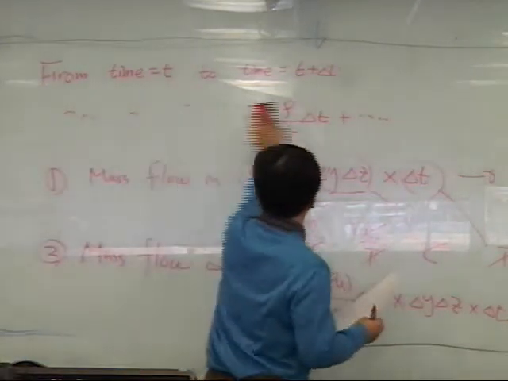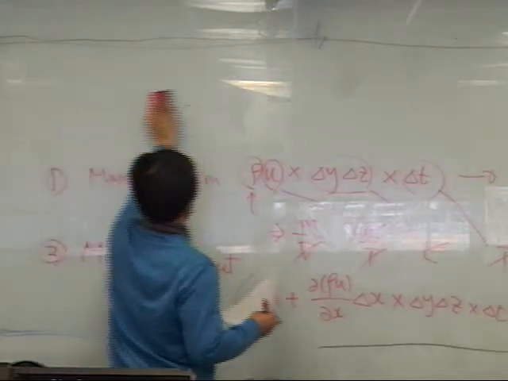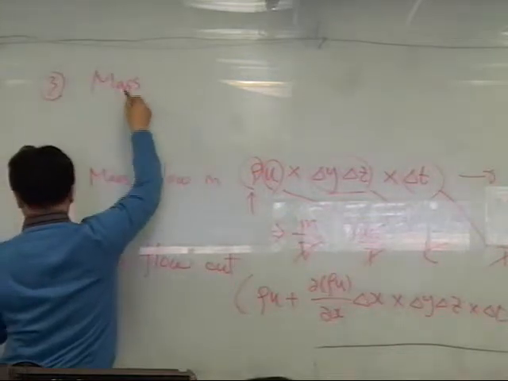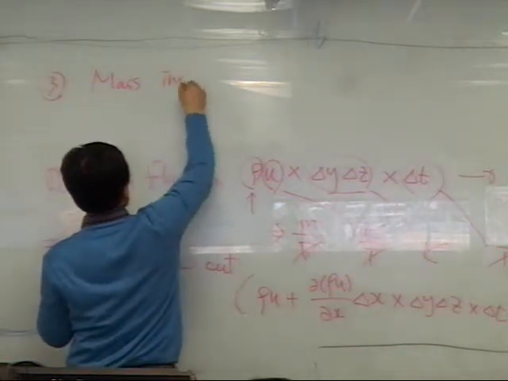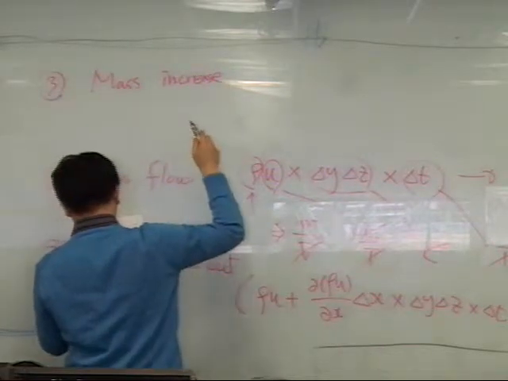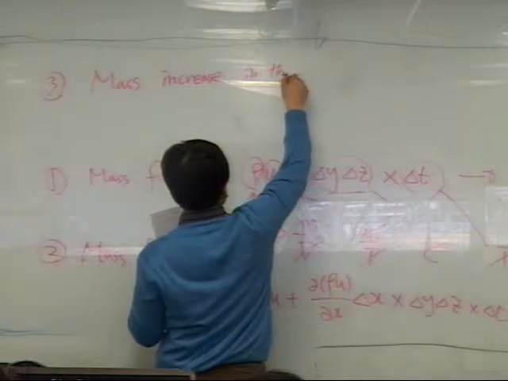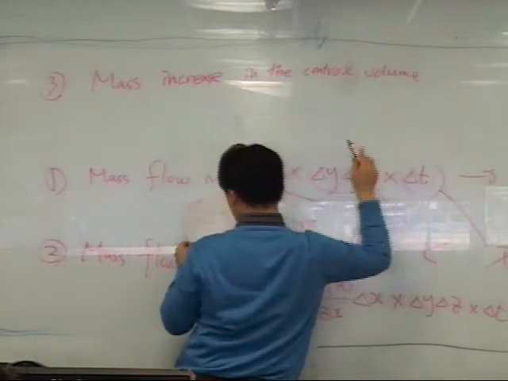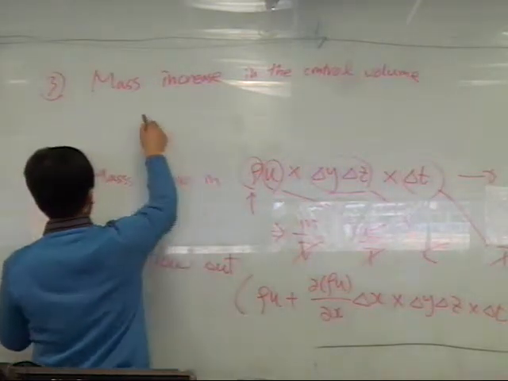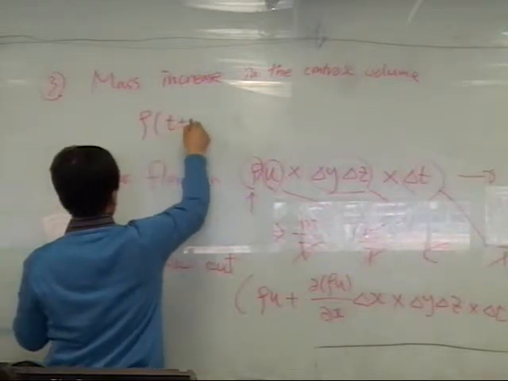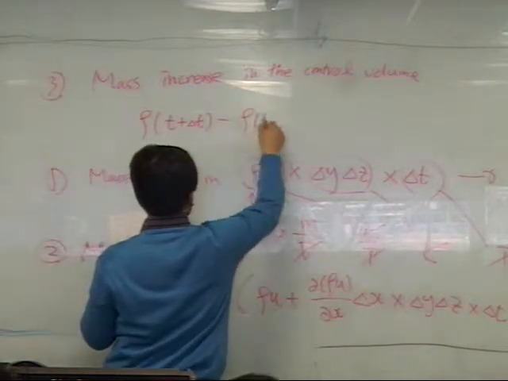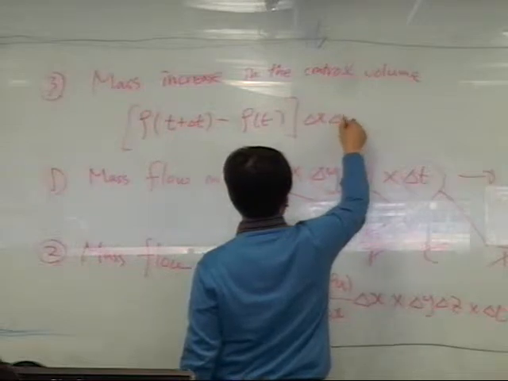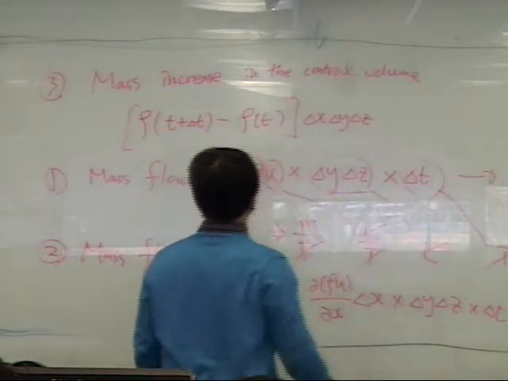And third, mass increase in the control volume will be rho at t plus delta t minus rho at t, multiplied by the volume, so delta x, delta y, delta z, right?